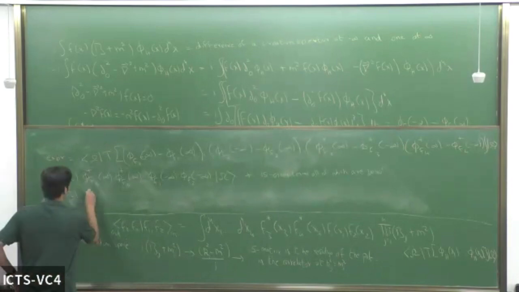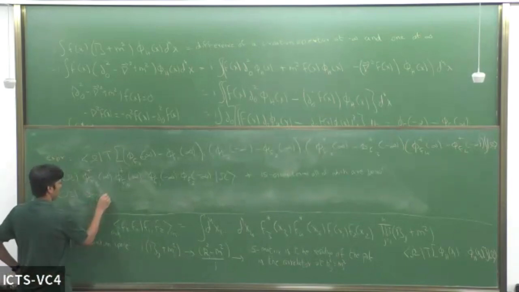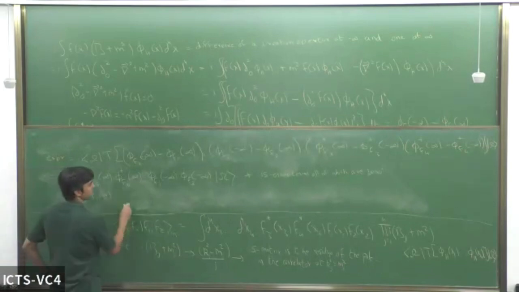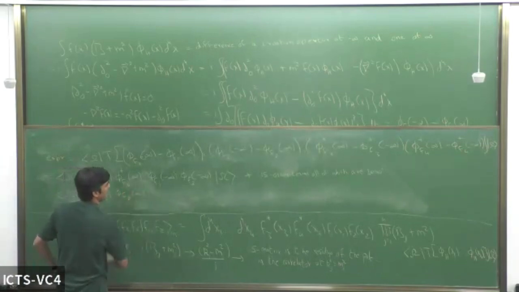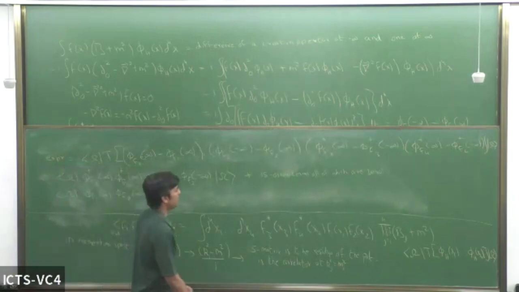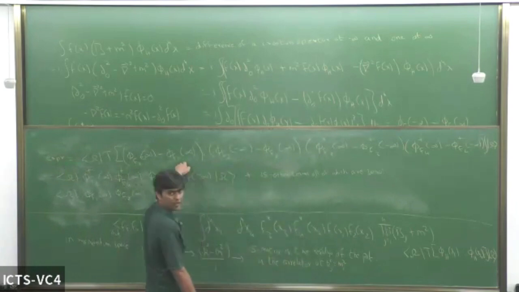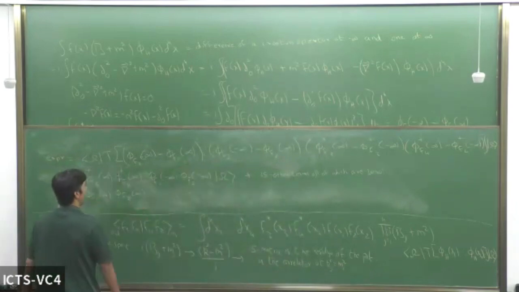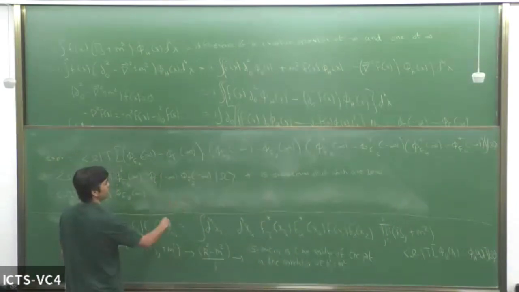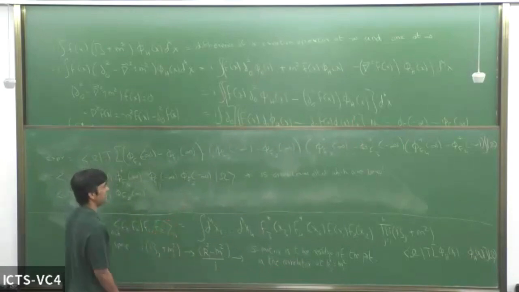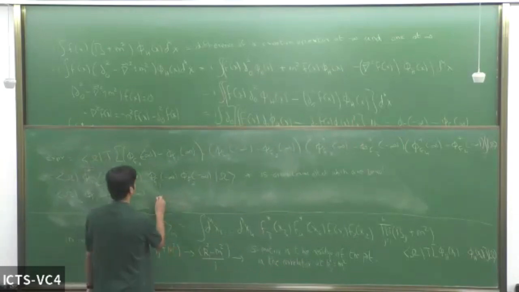So let's look at this, right? Phi f1 of infinity, phi f2 of infinity. There's one term where you pick up the plus infinity parts from here, phi f2 of infinity and phi f1 of infinity, and you pick up the minus infinity parts from the f3 and the f4, right? So phi f3 of infinity.